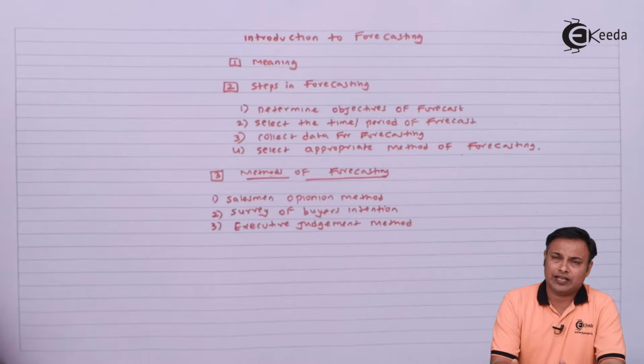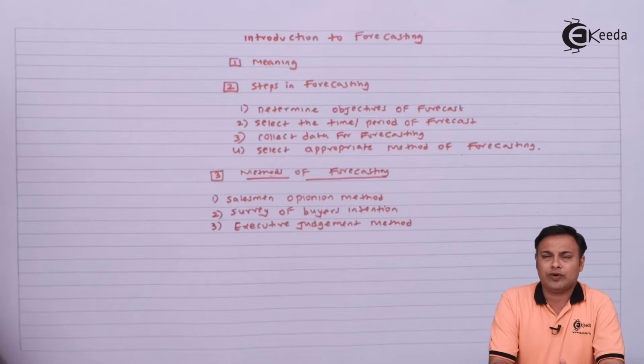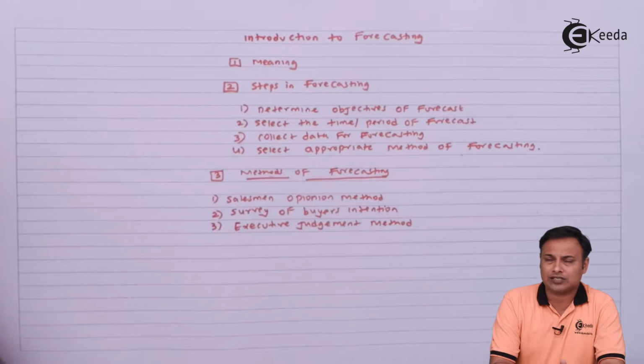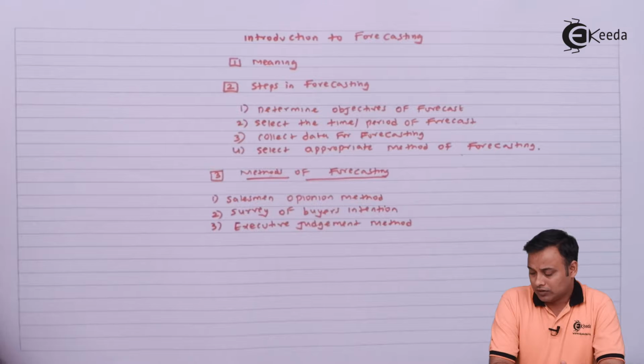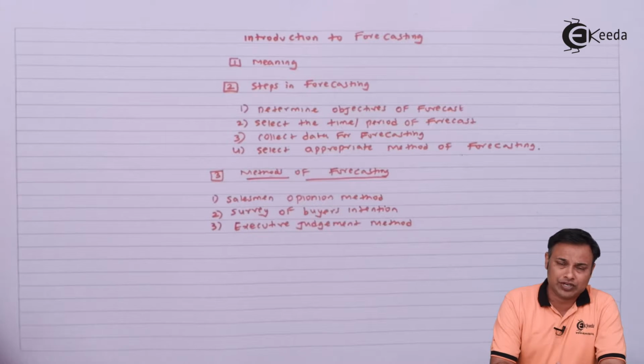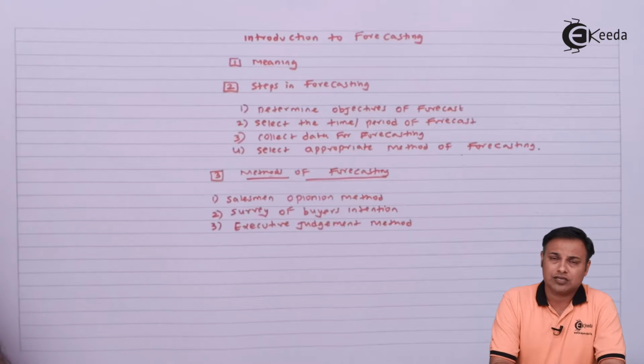Thereby, they can easily understand how much quantity of their products are sold in the market on day-to-day basis. This method is called the executive judgment method because the senior most executives or the so-called experts actually take the judgment based on their knowledge, based on their experience and overall outlook.